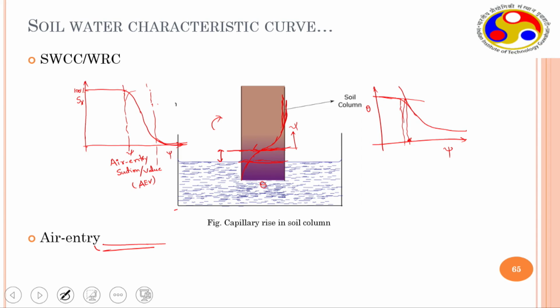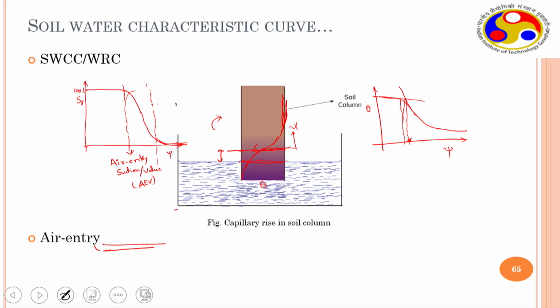So beyond that, air is entering into your system. Until then there is no air. You cannot see individual capillaries separately here. Here soil means all capillaries put together, just like in the previous illustration where a number of capillaries are attached to each other. Similarly here capillaries are attached.